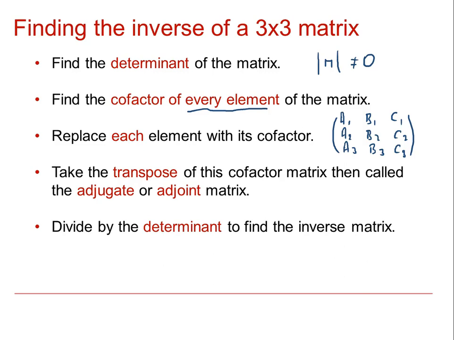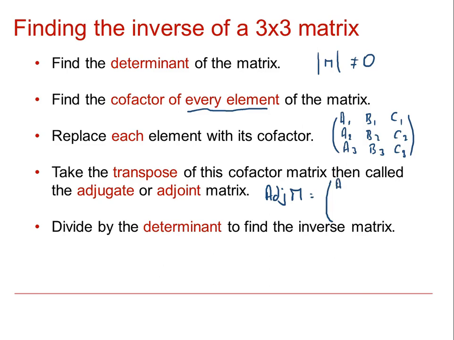We then take the transpose of that matrix to produce what's called the adjugate or adjoint of the matrix M. So the adjoint, which is abbreviated as Adj M, is equal to the transpose of this cofactor matrix.